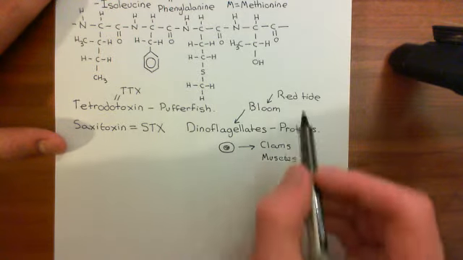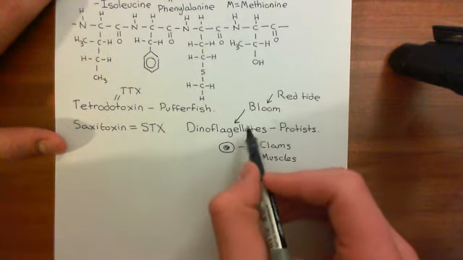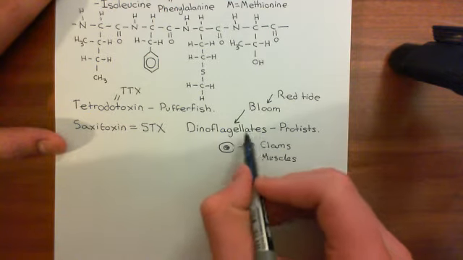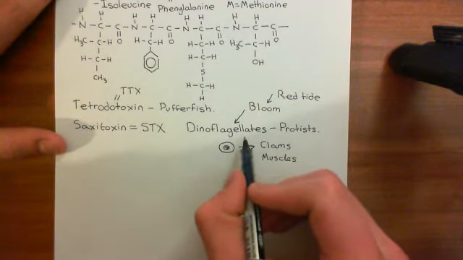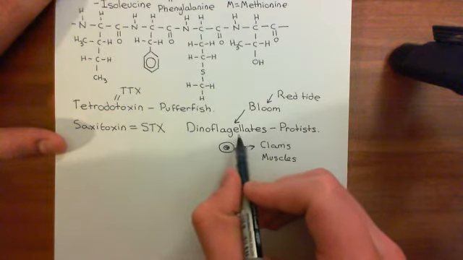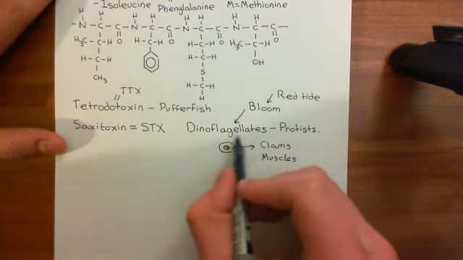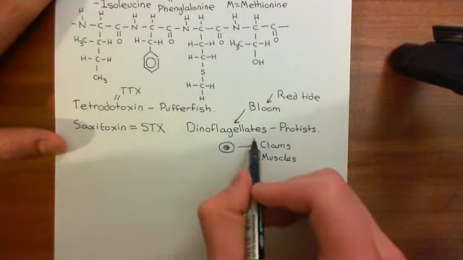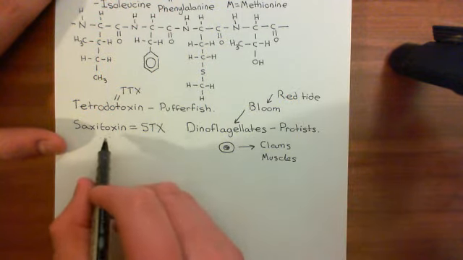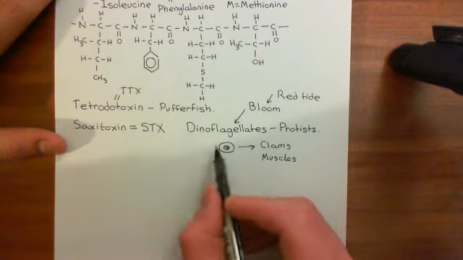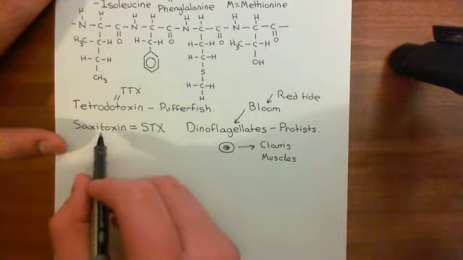But if you then eat shellfish which have been exposed to this massive population of dinoflagellates, you're in trouble, because the shellfish have been feasting on this huge population of dinoflagellates, and some of them might be producing this saxitoxin, so the shellfish have far too high a concentration of this.